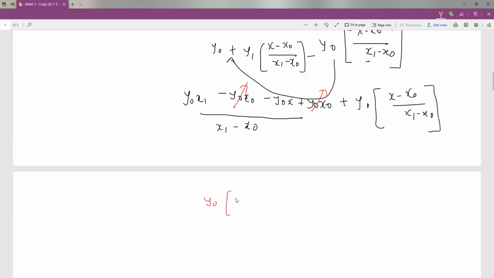And of course we change the sign, because the denominator we are going to write in the form of (x0 minus x1). So we can interchange the sign, that is, (x minus x1) in the numerator and (x0 minus x1) in the denominator, plus y1, this term remains as it is, (x minus x0) over (x1 minus x0).